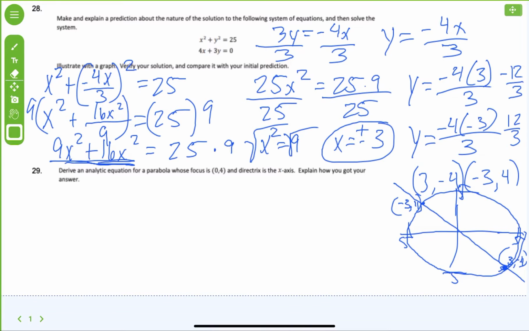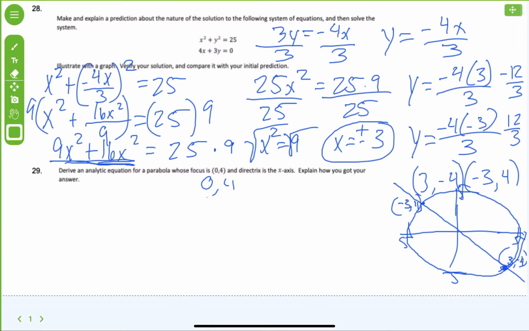Okay. Now it says derive an analytic equation for a parabola whose focus is 0, 4, and the directrix is the x-axis. Okay, so whenever we're talking about your equation here, 0, 4 is your focus.